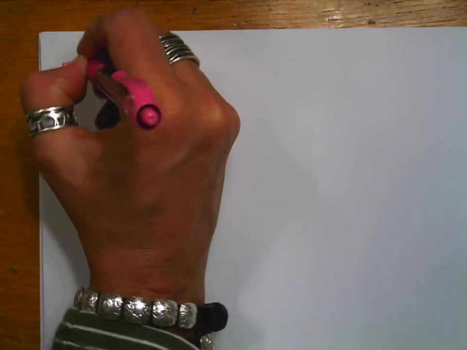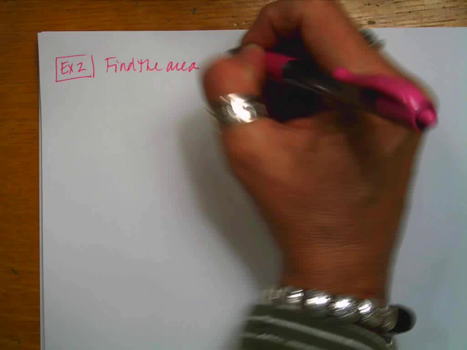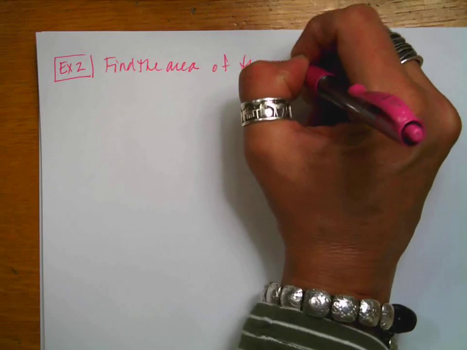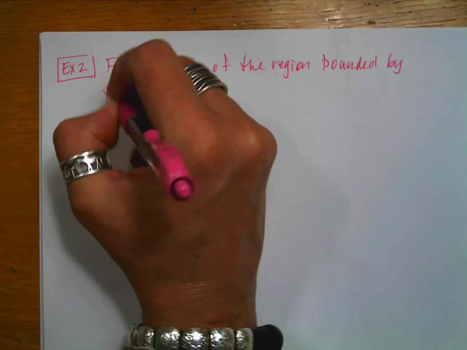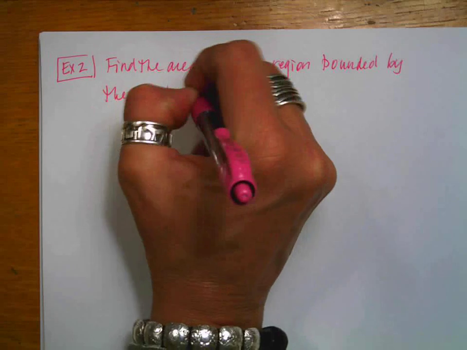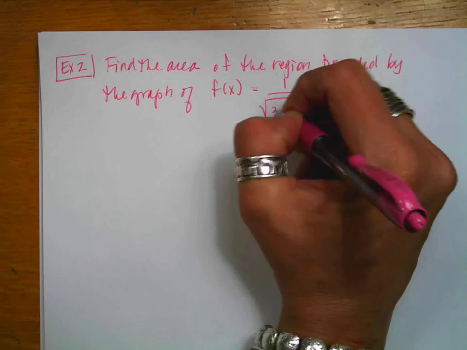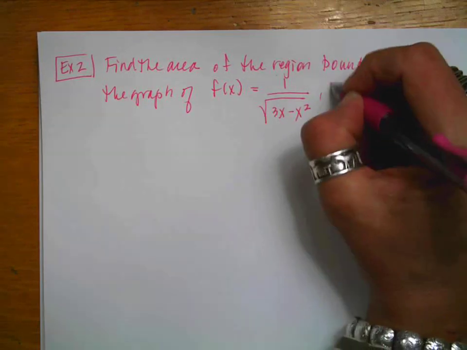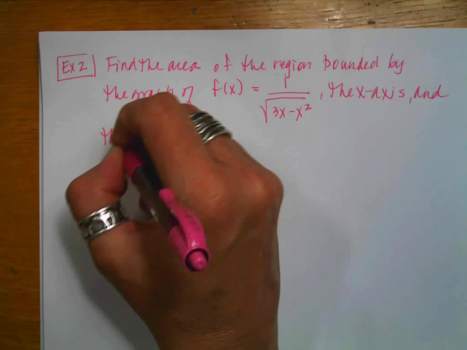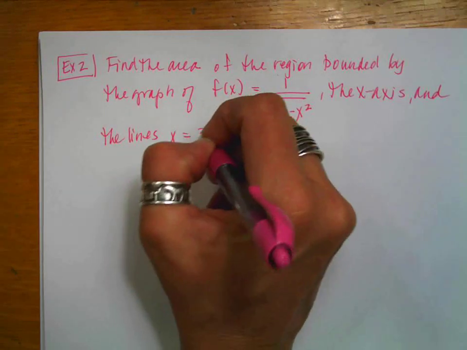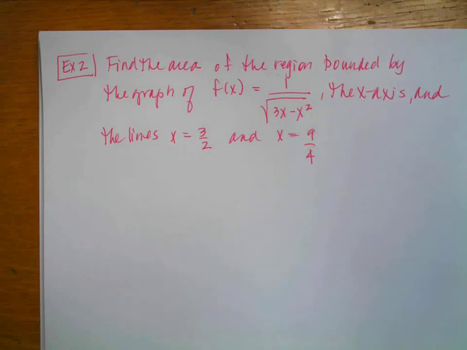All right, example 2. I want to find the area of the region bounded by the graph of f of x equal to 1 over the square root of 3x minus x squared, the x-axis, and the lines x equal to 3/2 and x equal to 9/4.